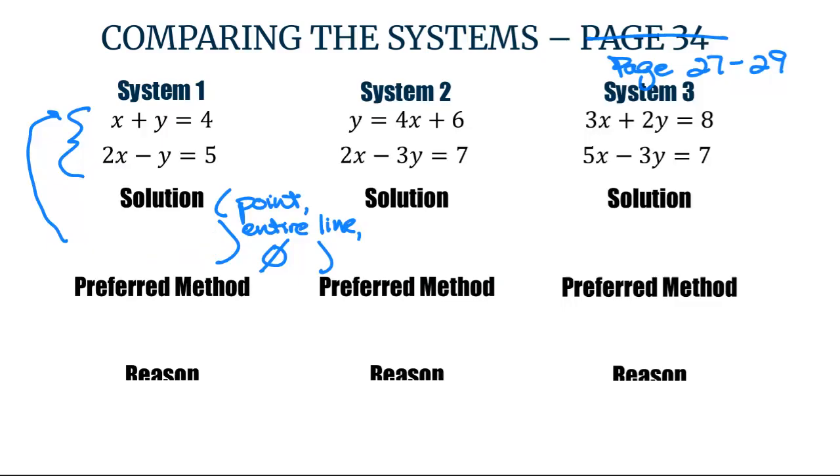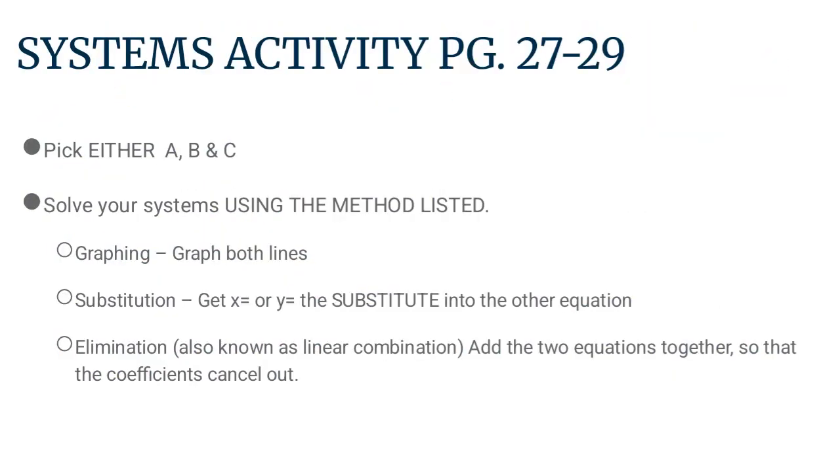Let's try 1 and 3 and see if I substitute those in. 1 plus 3 is 4. 2 times 1 is 2. Minus 3 is not 5. All right. I'm going to do substitution.